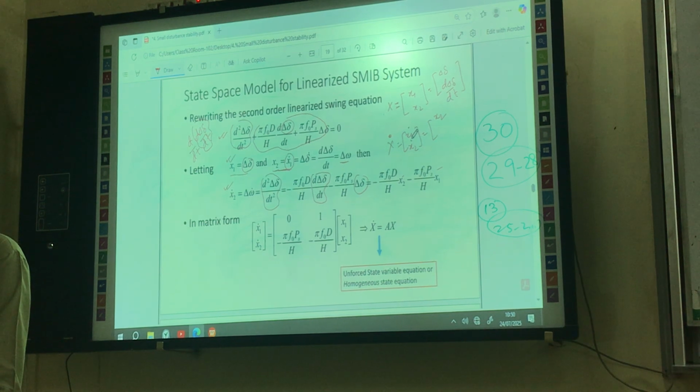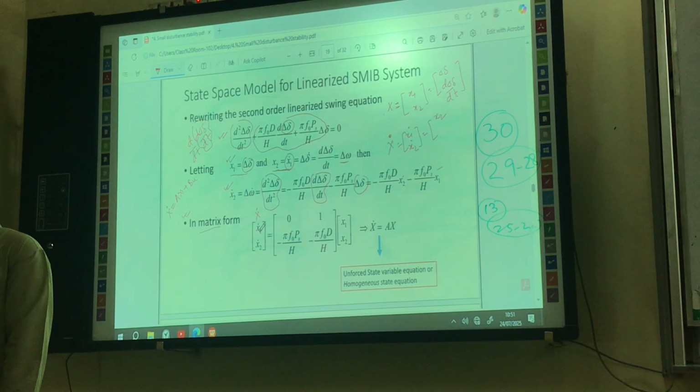That means we have to represent x1 dot and x2 dot in terms of x1 and x2. Then we can write these two equations in matrix form, and we have to use the expression x dot equals Ax plus Bu. So this is our x dot, which will contain x1 dot and x2 dot. Then this is x, we know this.